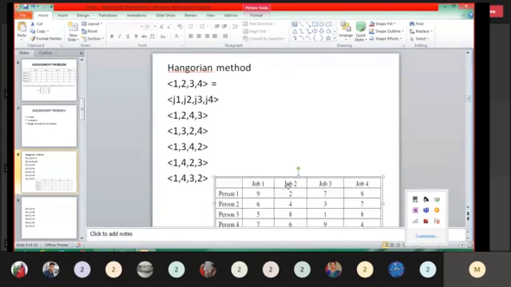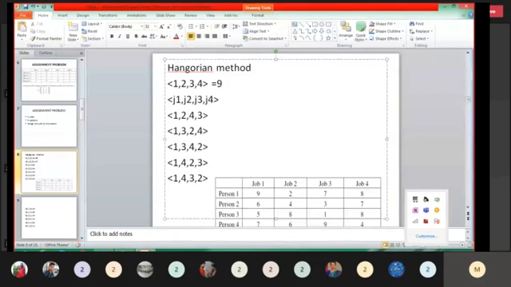Job 1 is assigned to person 1, that is 9, plus job 2 is 2, plus job 3 is 7, plus 8. Now what is the total cost of this assignment? 9 plus 2 is 11, 11 plus 7 is 18, 18 plus 6 is 26. Clear?